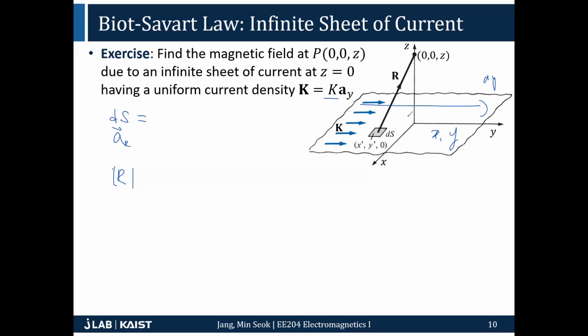If you recall the infinite sheet of charge, and you wanted to evaluate the electric field above it, we took cylindrical coordinates, right? But here we choose Cartesian coordinates, and that's more appropriate. Why can't we use cylindrical here?